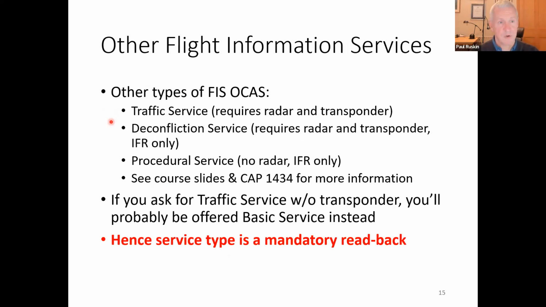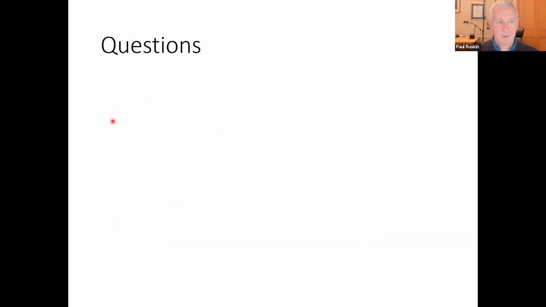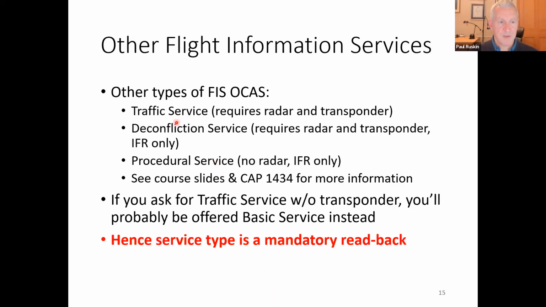Generally, people who've got transponders, sometimes people from a primary radar return, who they think might affect you. And it's quite a big bubble that they put around you, 2 or 3 miles and a couple of thousand feet. So if you're on a busy gliding day, you're going to get a lot of traffic information if you ask for that. So it's probably not a sensible thing to do for a glider.